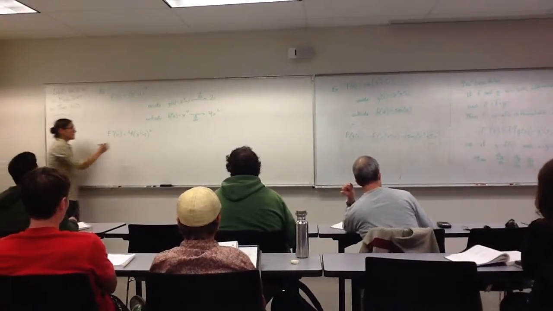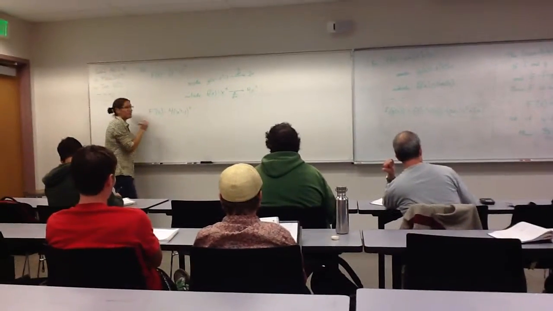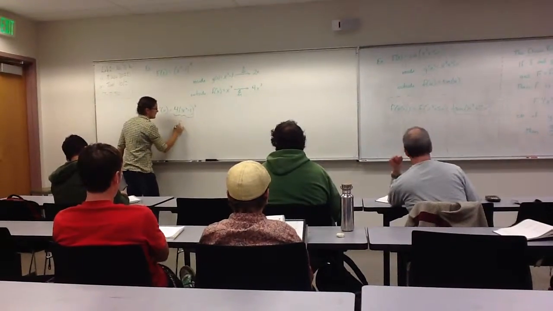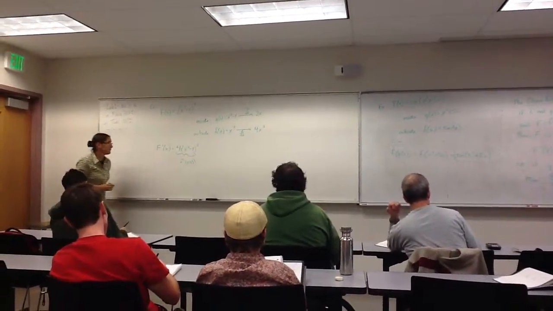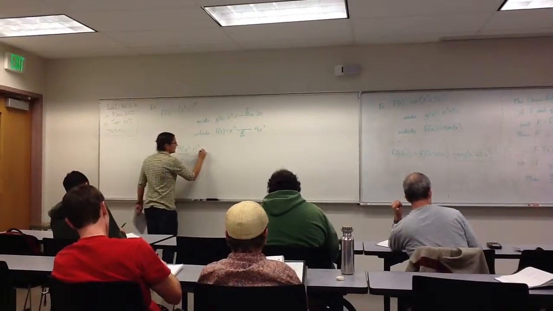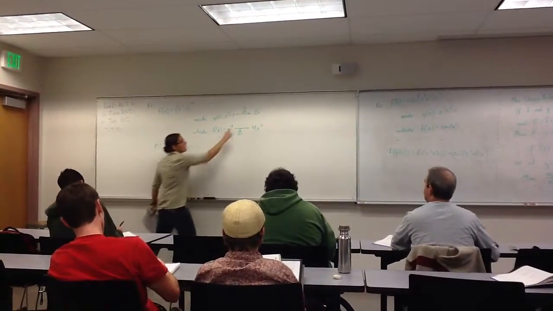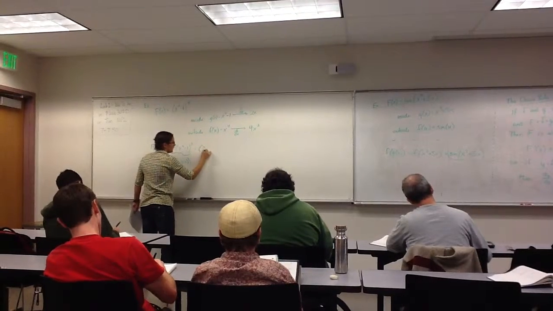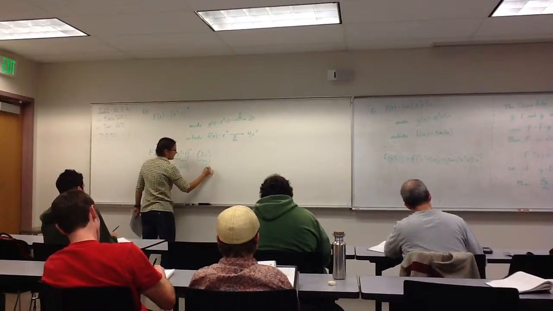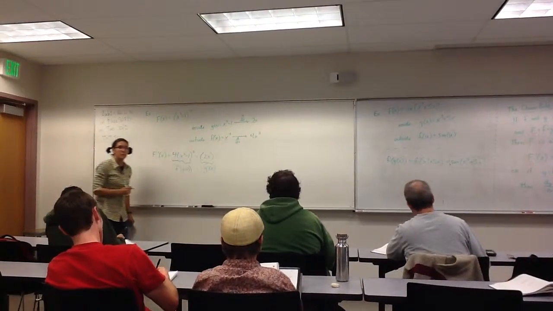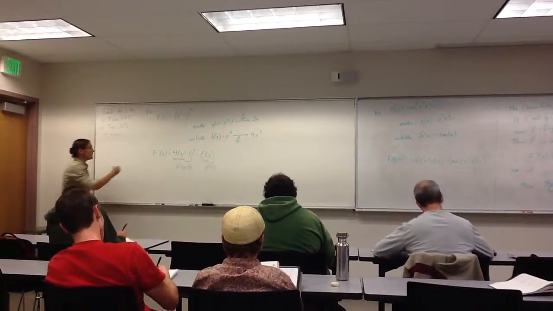This is my derivative of the outside, keeping the inside the same. This is f prime of g of x, times the derivative of the inside, which is 2x. That is our g prime of x. And so this is our derivative of f.